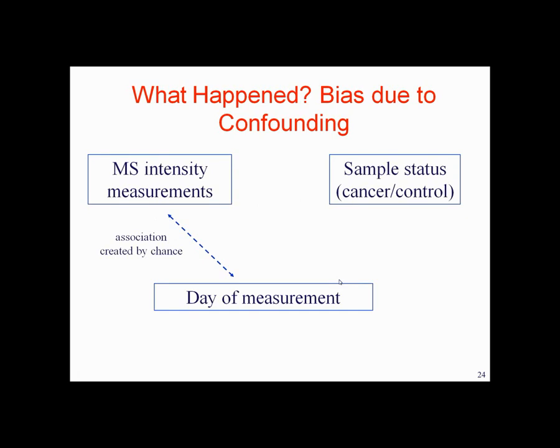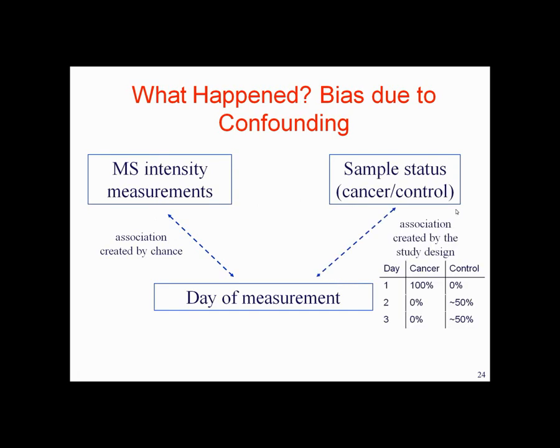In the same experiment, however, we also had an association created by the study design between the cancer and control samples and the day of measurement, because on day 1, cancer samples were processed, and on day 2 and 3, only control samples were processed. So essentially, if you look at the distribution of the day among the cancer samples, you have 100% of day 1 among cancer samples, but 50% of day 2 and day 3 and 0% of day 1 in the control group.